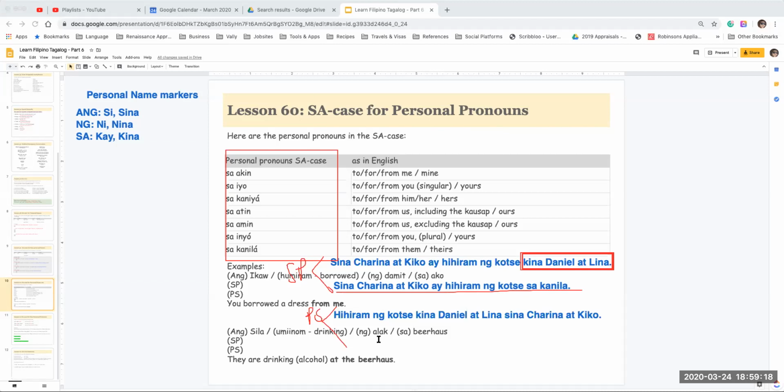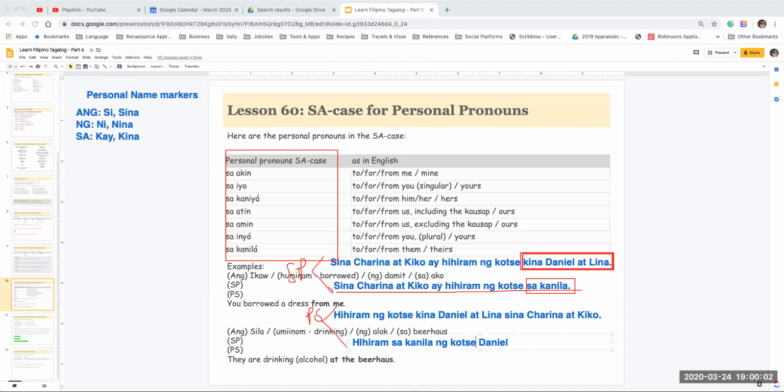Hihiram ng kotse kina Daniel. Now, do you remember the rule if it's a pronoun? If this is the only pronoun in the sentence, we would have to say hihiram sa kanila ng kotse.